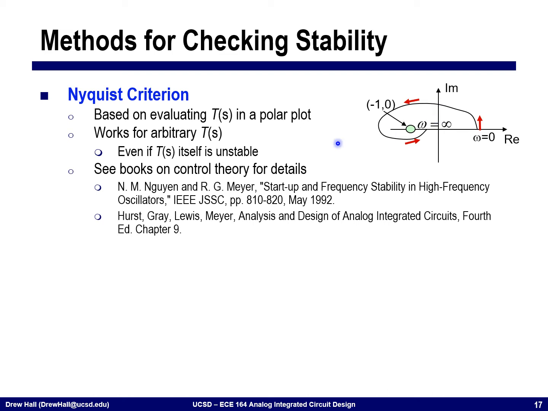And so this technique is powerful in the sense that it works even if T of S, the loop gain function, is unstable. And so if you want to see some examples of this, I've listed two references here that talk a lot about control theory in particular, with relationship to oscillators in this paper, as well as a more general treatment of Nyquist.